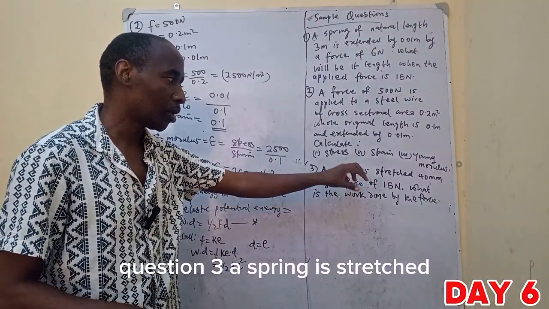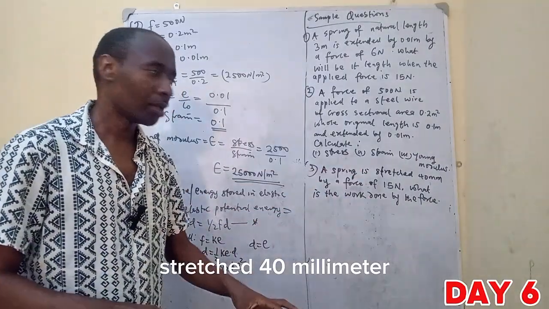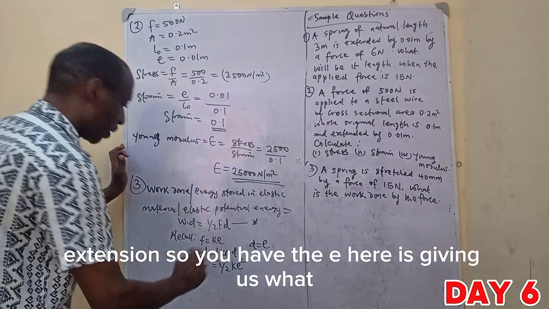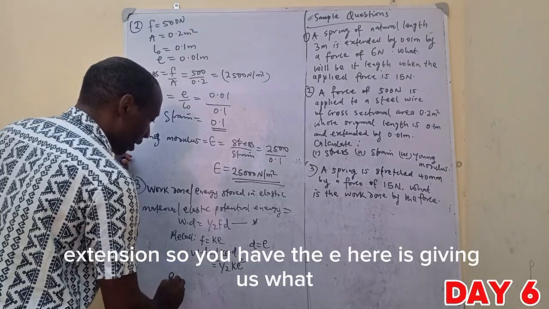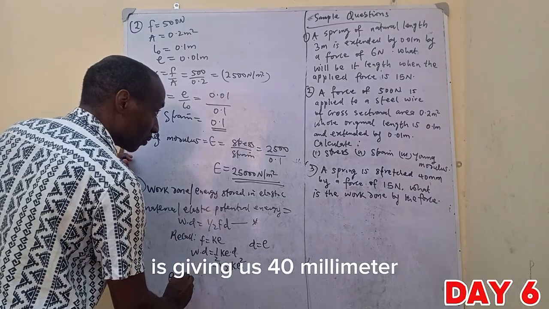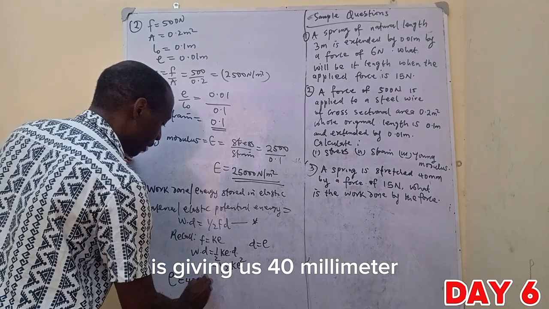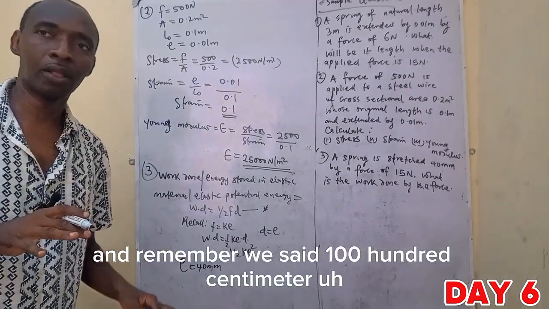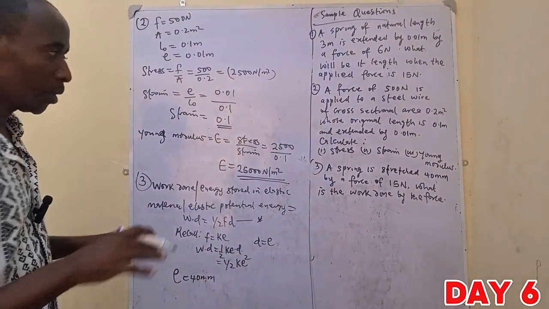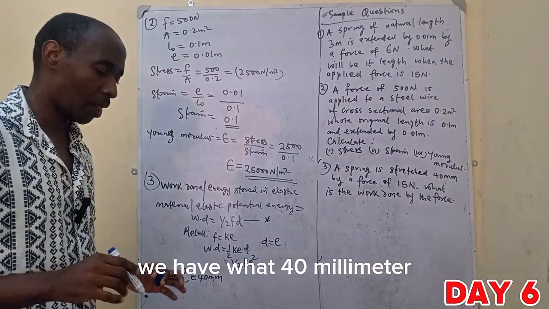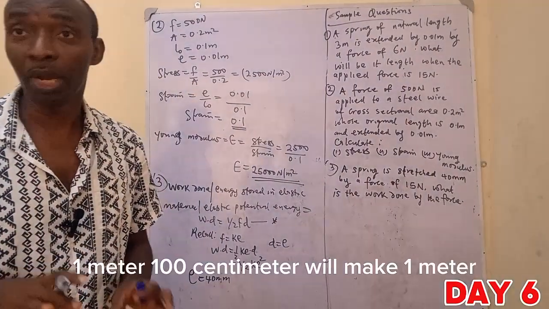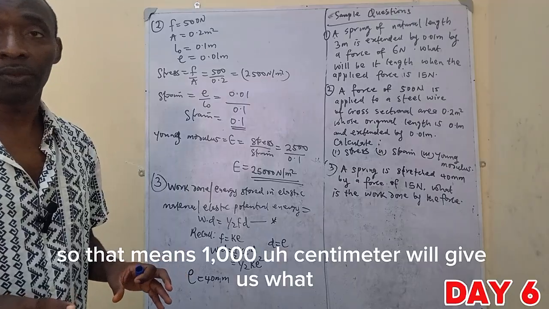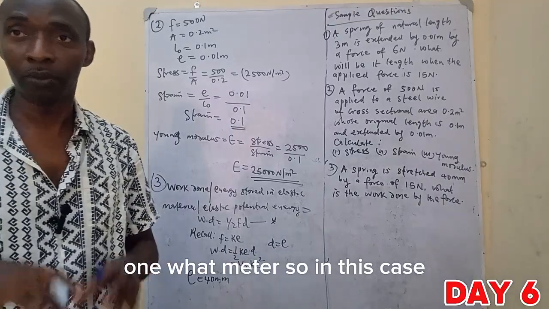A spring is stretched 40 millimeters. That is the extension, e, which is 40 millimeters. Remember, 100 centimeters will make 1 meter, so 1000 millimeters will give us 1 meter.